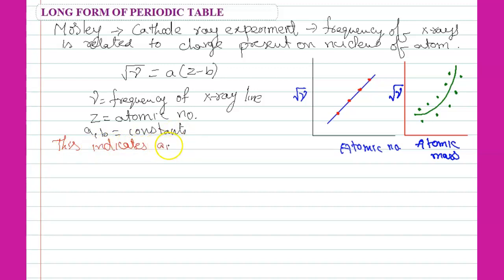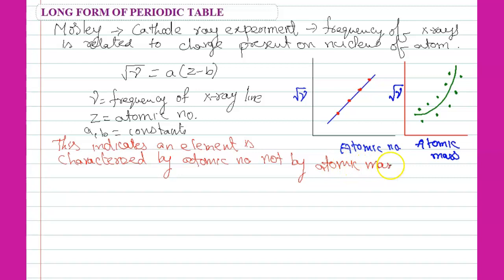Based on atomic number we can define the element properties, but not using atomic mass.